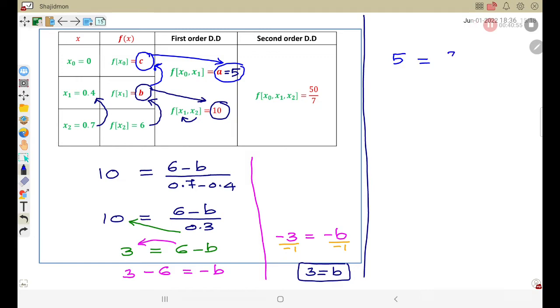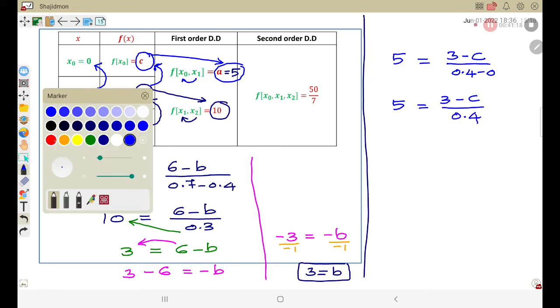So 3 minus c divided by (x1 minus x0), that means 0.4 minus 0. 0.4 minus 0. Got it? So 5 equals (3 minus c) divided by (0.4 minus 0), meaning 0.4.